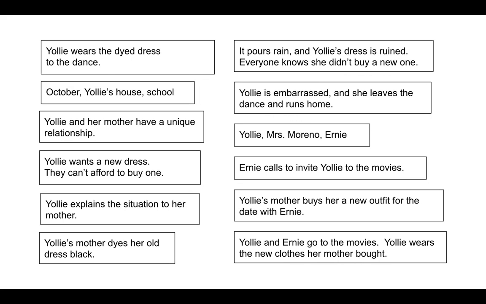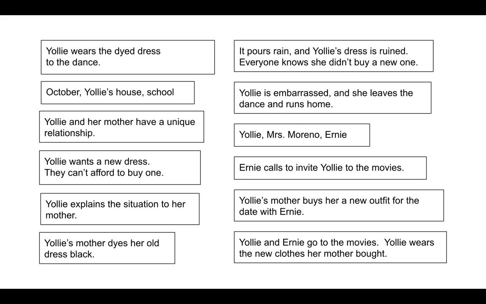Please copy these sentences from Mother and Daughter onto the correct spots in your reader's notebook on the plot diagram. For example, you will see that the second box on your screen says October, Yoli's house, and school. These are a time and places.